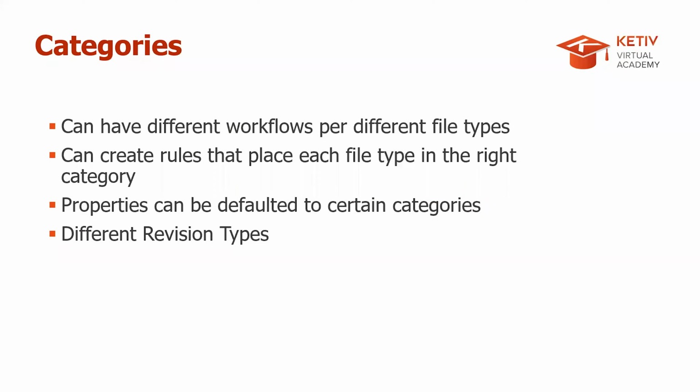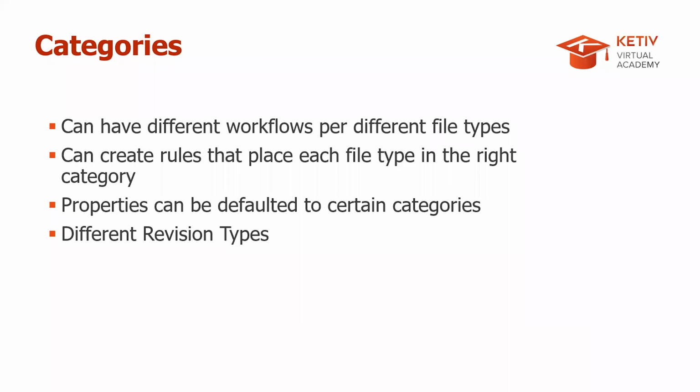There can be different rules set up inside of Vault to capture those different file types and put them into a specific category. Once it goes into that category, you can default what life cycle it goes to or what workflow it needs to follow. You can also default the properties for each category.